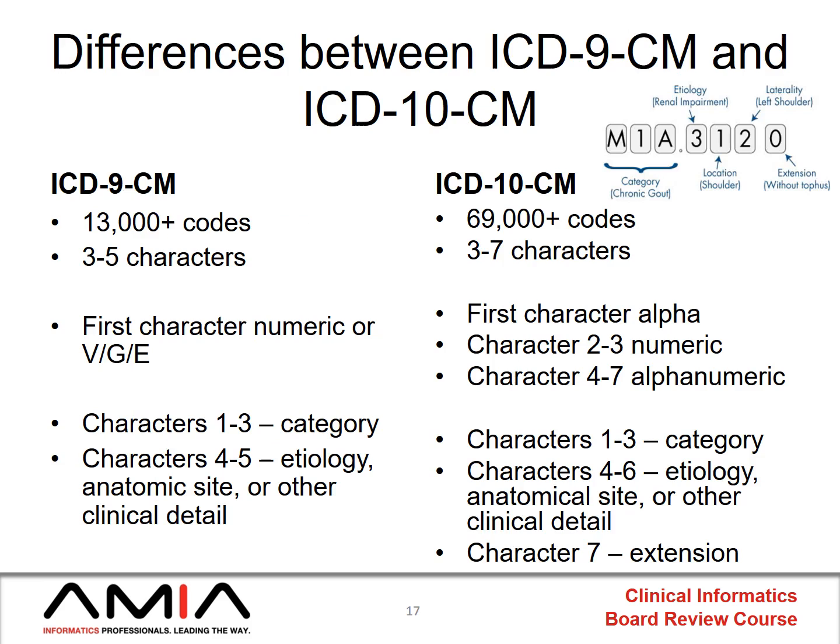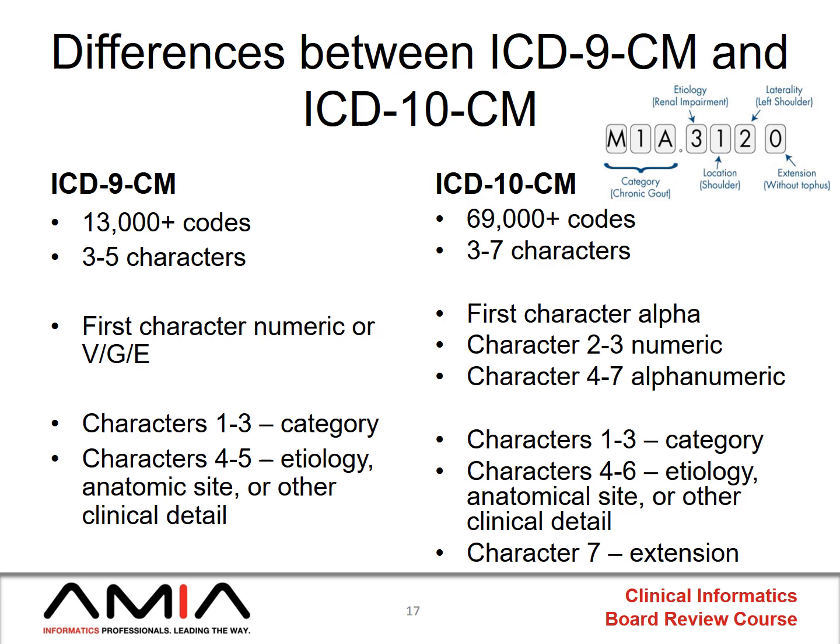There are many differences between ICD-9-CM and ICD-10-CM. ICD-9-CM has a little more than 13,000 codes, and ICD-10-CM nearly quadruples that. Obviously, the codes need to be longer so they can be extended up to 7 characters.